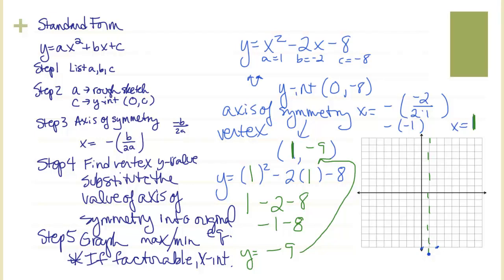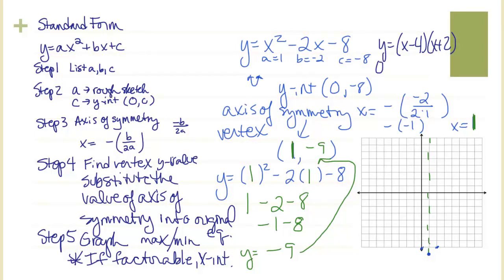So now I'll look back at my example problem and say, is that factorable? And a times c is negative 8. Things that multiply and give me negative 8 add up to negative 2. It's going to be x minus 4. Okay, I can do all this in my head, and you're going to trust me that this is going to be y equals x minus 4, x plus 2.